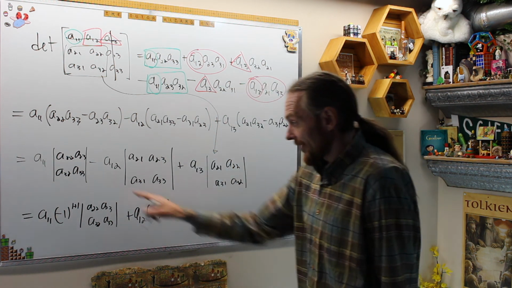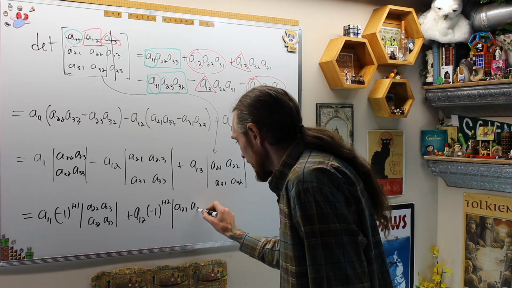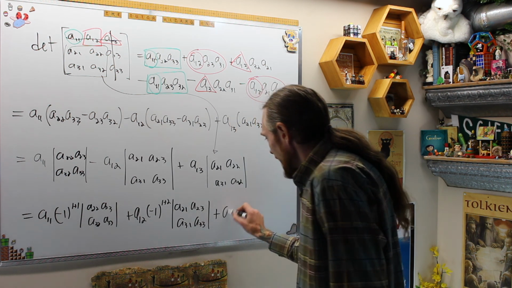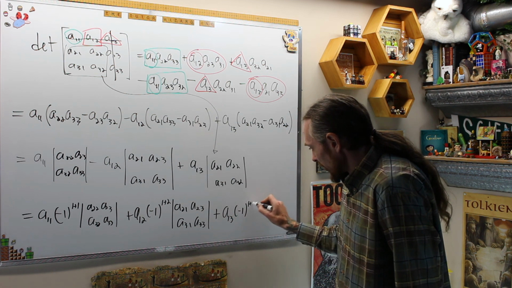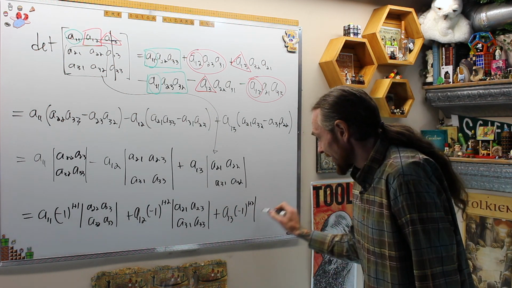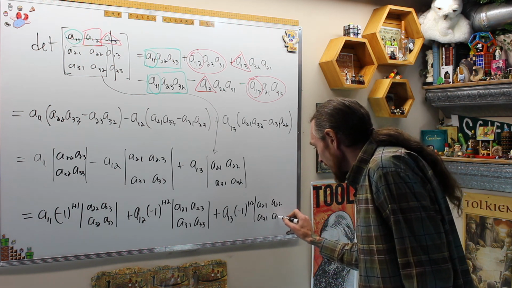Odd, so we're going to get a negative times this 2x2 determinant, A21, A23, A31, A33, plus A13. Hopefully you see where I'm going with this. -1 to the 1 plus 3 is 4, so it goes away, but that's the formula we're getting at. And then I have A21, A22, A31, A32.